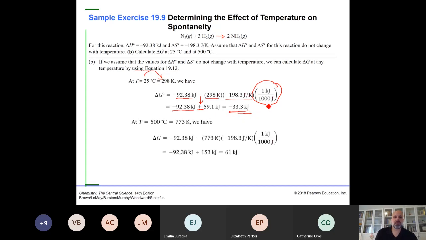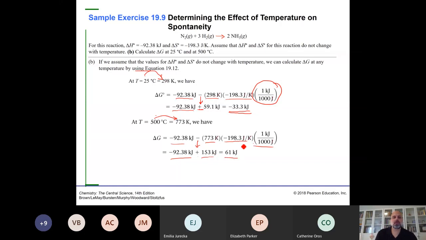So let's take a look at 500 degrees Celsius. At 500 degrees Celsius, we need to convert over to Kelvin. It's 773. We do the math: minus 92.38 minus 773 times the minus 198.3 times the conversion factor. You can see what we end up with is minus 92.38 plus, again converting over to a positive number, plus 153 kilojoules.